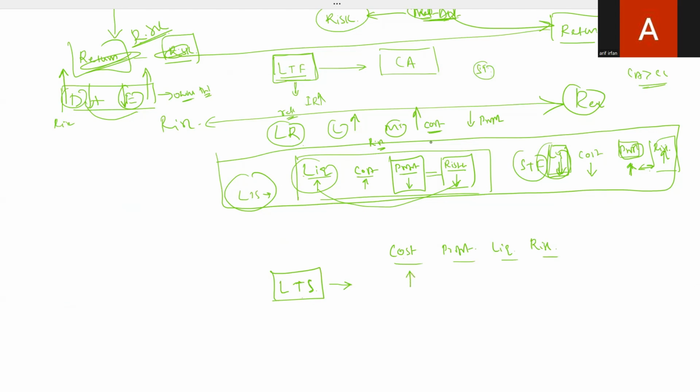When cost is high, the profit will decrease. How does it affect the liquidity? Liquidity will be high because there is no urgency to pay. And your risk is low because your liquidity is high, so liquidity directly impacts the risk. The risk is low.